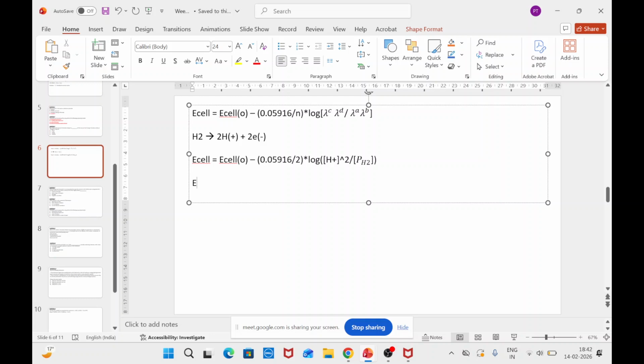So if you do that, then E cell will be equal to E cell naught minus 0.05916, and since the pressure of H2 gas is 1 atmosphere, it will be log of H plus ions the whole square by 1, so that will be log of H plus ions the whole square.